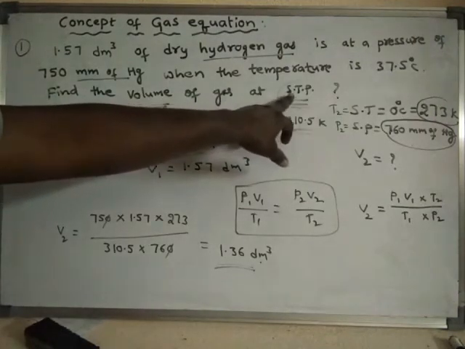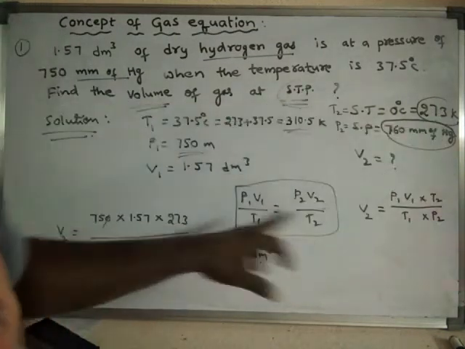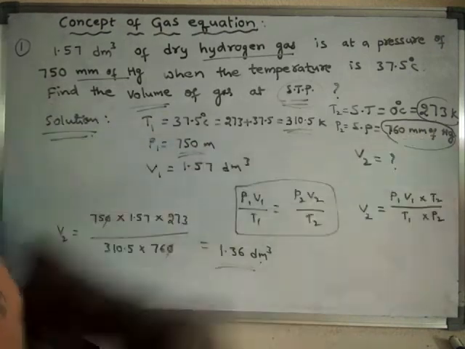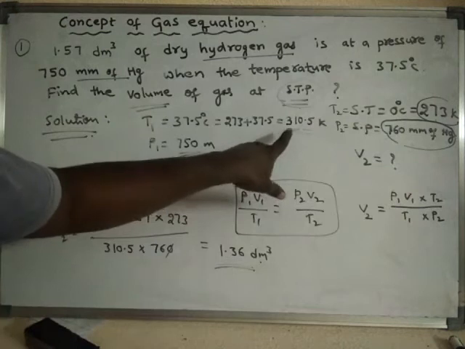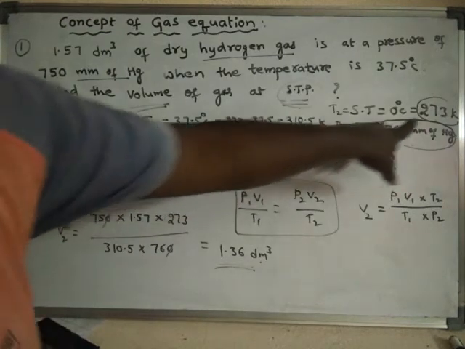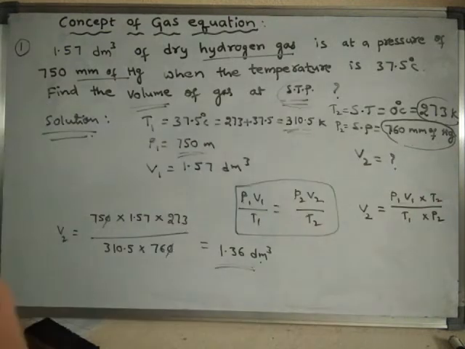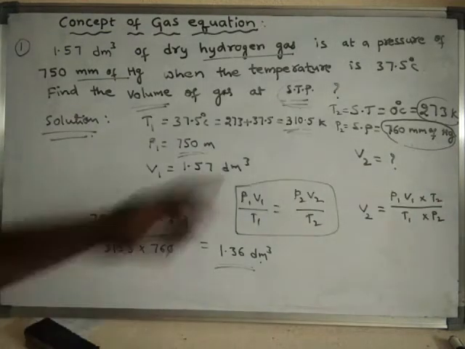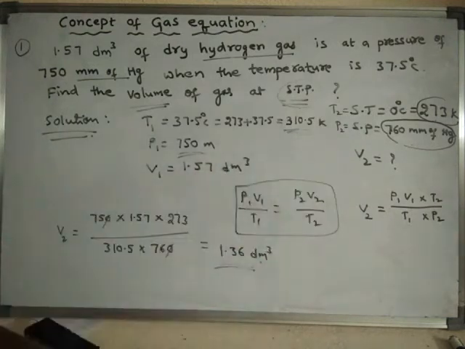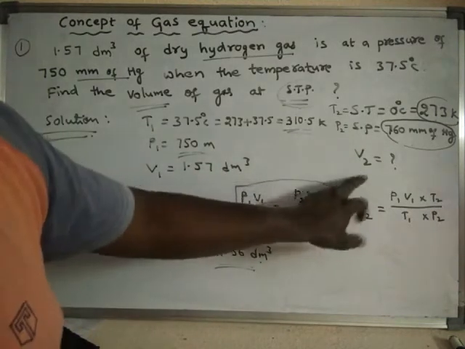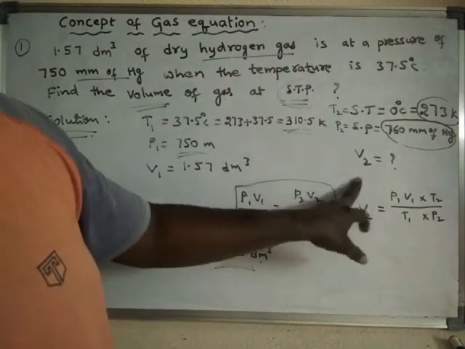Temperature is changed from 310 to 273 and pressure is changed from 750 to 760. So under the change in initial temperature and pressure, we have to find the final volume, or the new volume.